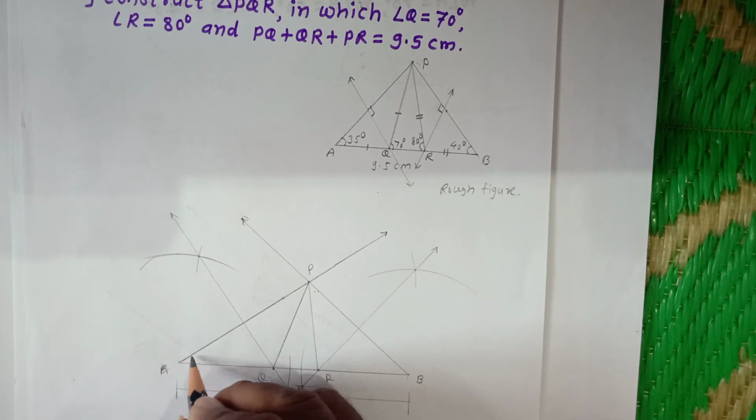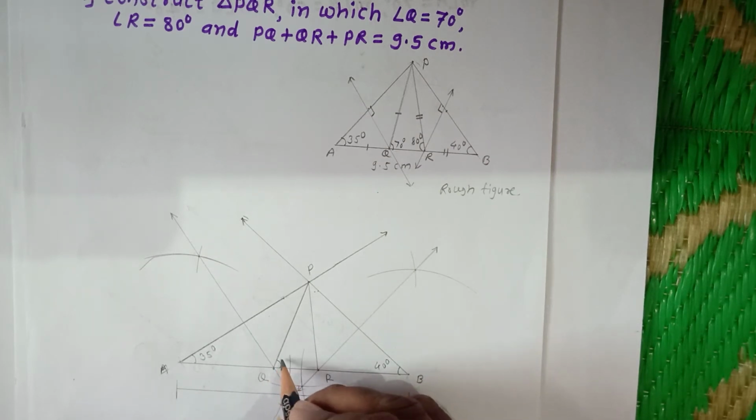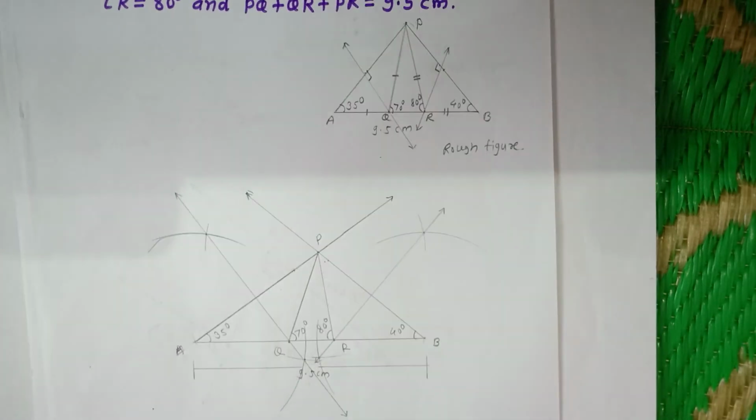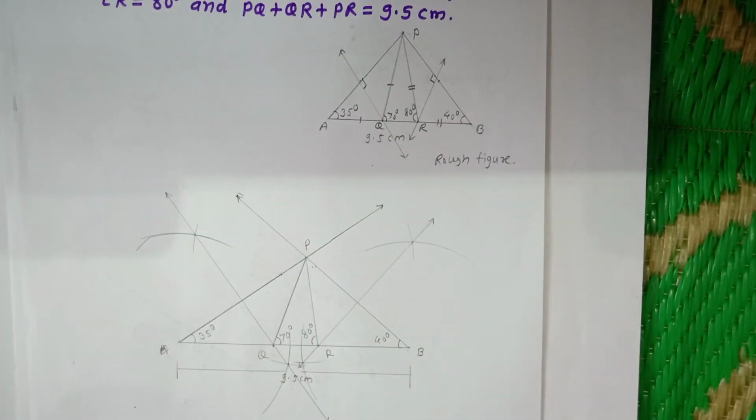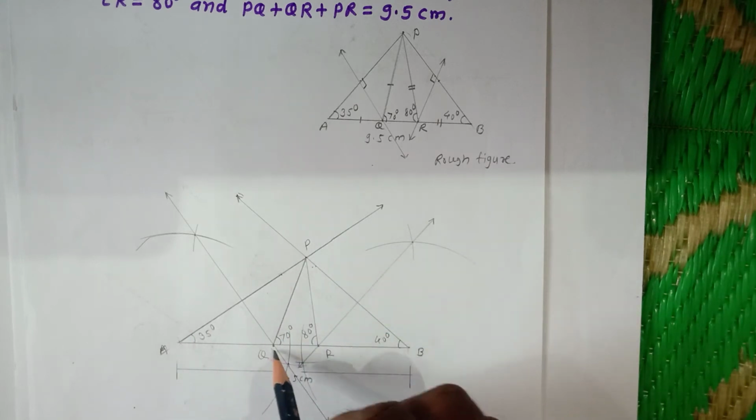Now this angle is 35 degree, this angle is 40 degree, this angle is 70 degree, and this angle is 80 degree. Thus we have constructed triangle PQR.